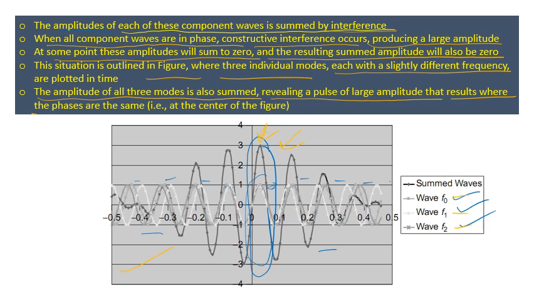That results where the phases are the same. The phases of this one you can see are the same. So this is at the center of the figure. Here, when all the waves are in phase, locked, at the end we get a large amplitude. This is constructive interference, and this is destructive interference. It will extinguish, vanish.